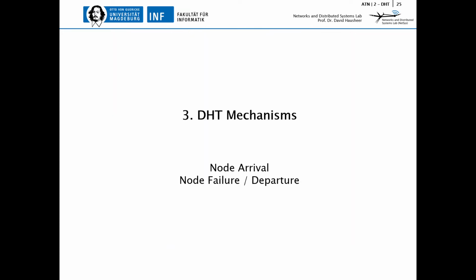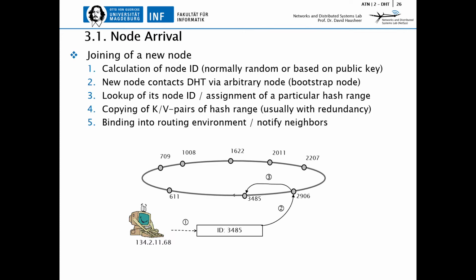All right, now after having discussed the basic fundamentals of DHT algorithms, let's look at some specific DHT mechanisms. First of all, let's look at how DHTs deal with changes in the network, in terms of a new node that joins the network.